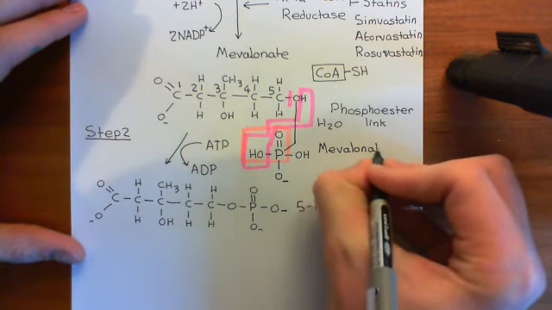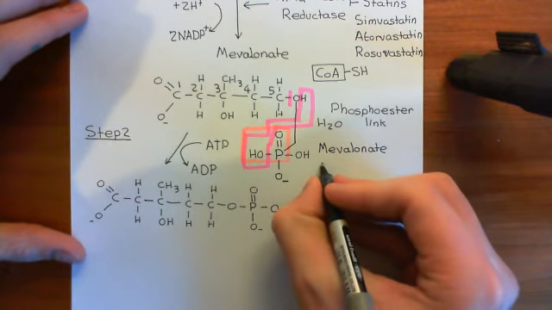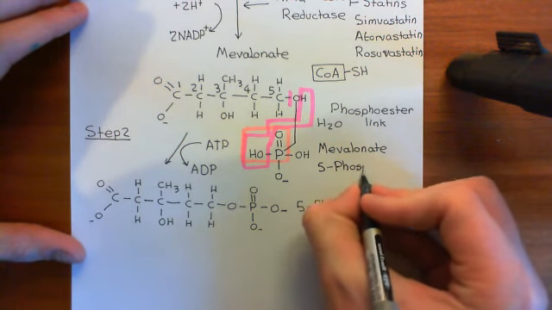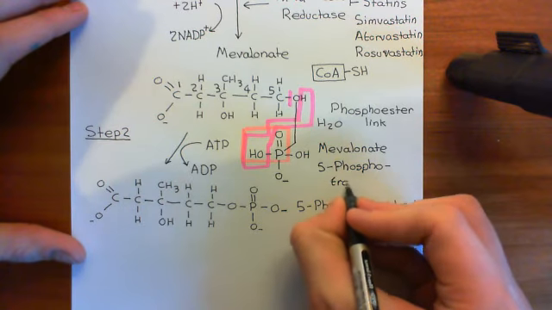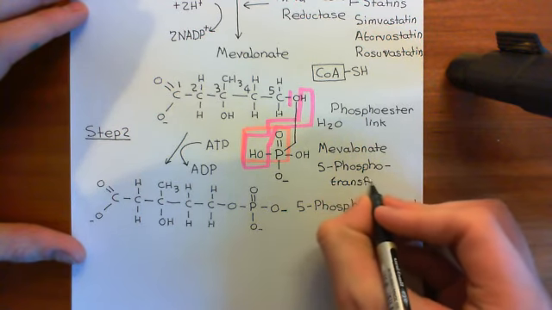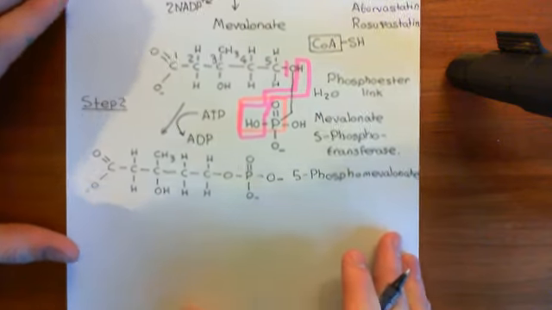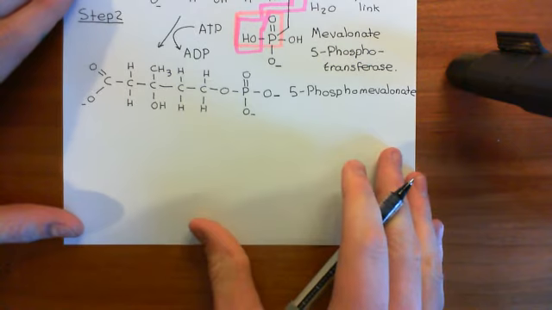So we are transferring onto the mevalonate a phosphate group that will be on the 5th carbon. Phosphotransferase should all be one big word, but I don't have room to write it all in there. So mevalonate 5-phosphotransferase. Right, so we've now got to 5-phosphomevalonate.